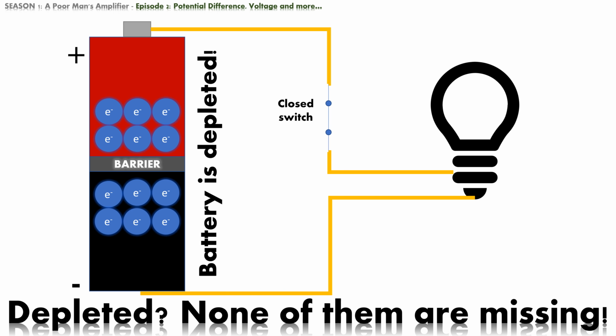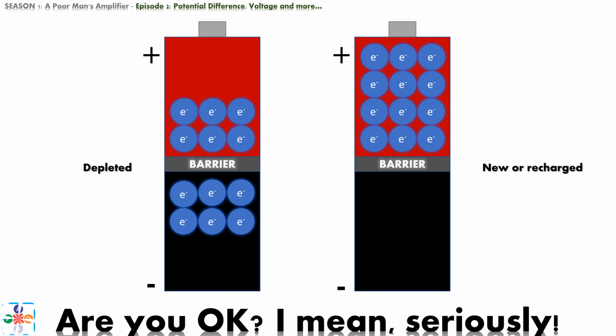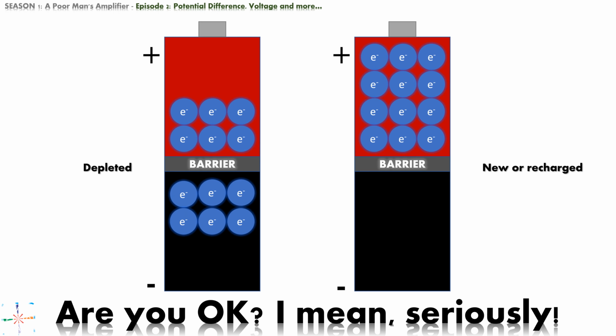When the number of electrons in both parts of the battery becomes the same, we say that battery is depleted. It doesn't matter that total number of electrons in battery remains the same, when there is no more movement in the circuit, we call that state depleted. In rechargeable batteries, the process of pushing back all electrons to plus part of battery is called charging.